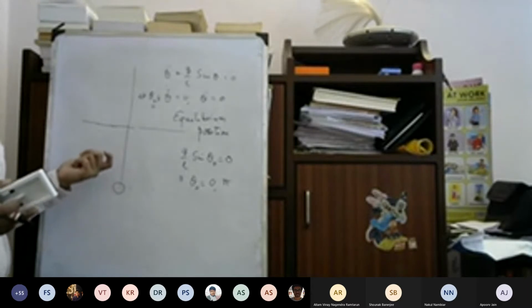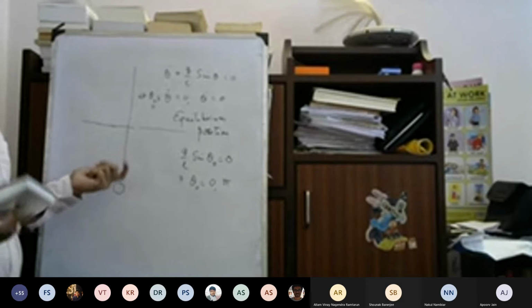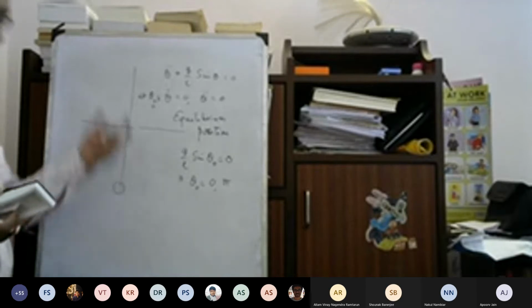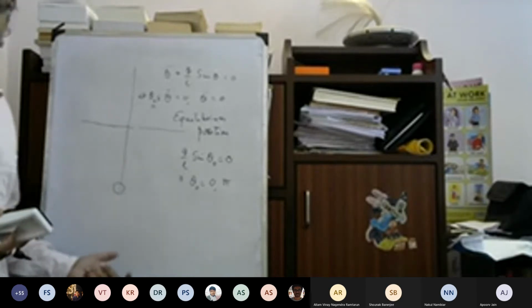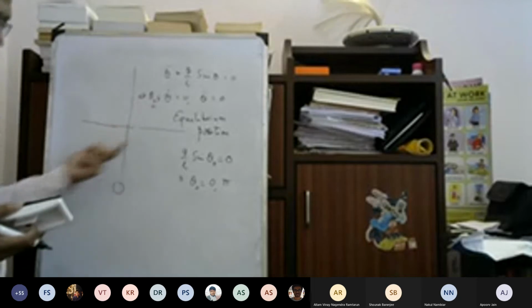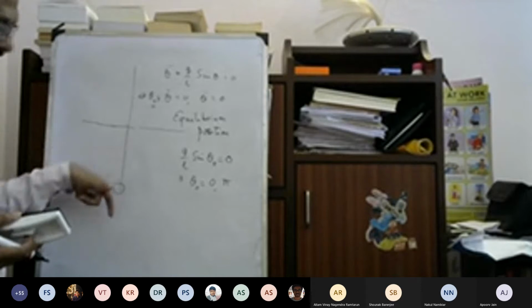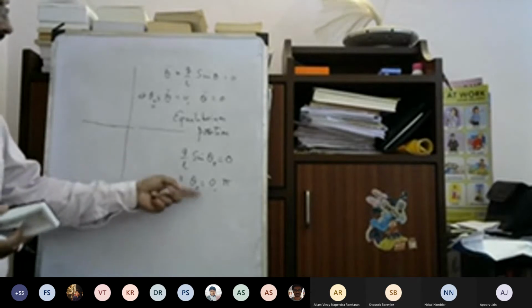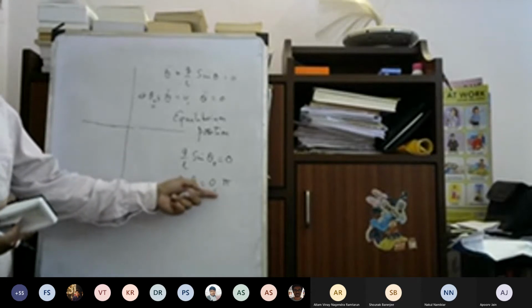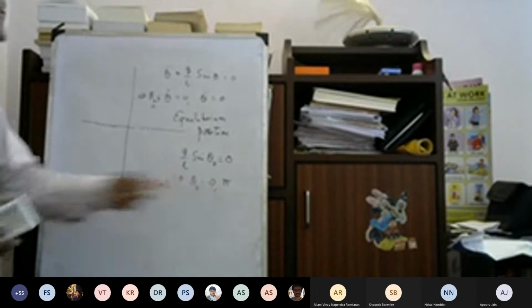Our experience shows that, and intuitively we understand that this has to be so, because the earth is pulling it all the time vertically downwards. If no motion is given to this pendulum, it will remain there forever. Theta equal to 0 is an equilibrium position, and that is pretty obvious.